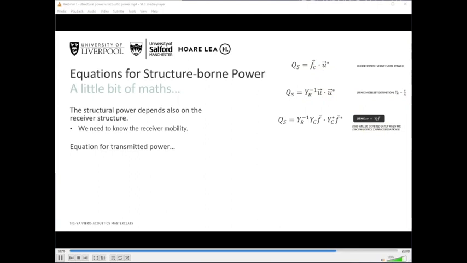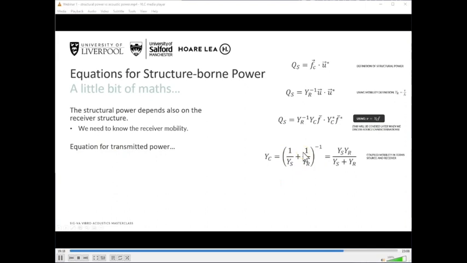It basically relates the blocked force of the vibration source to the velocity in the coupled assembly, and it does so using the coupled mobility, YC. Now, the penultimate step requires another unfamiliar relation. We can represent the coupled mobility, YC, in terms of the independent source and receiver mobilities, YS and YR.